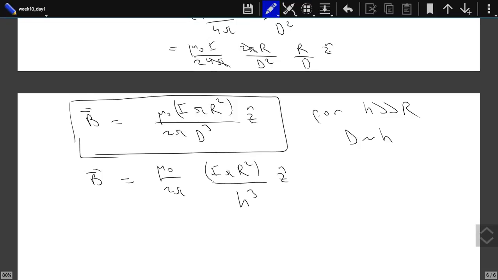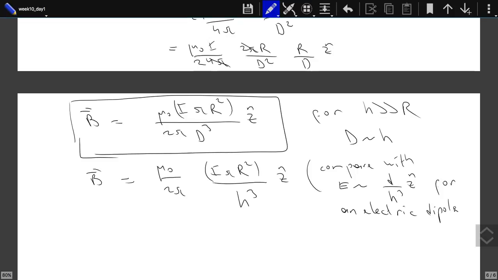Well, go back in your notes and look at the electric field of a dipole along the axis of the dipole. They basically have the same form.